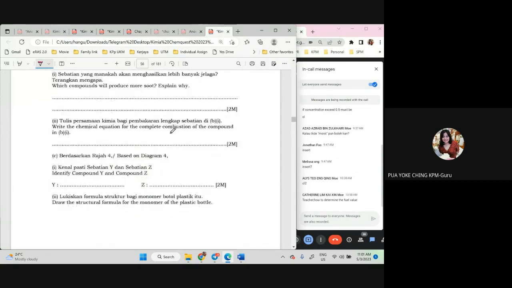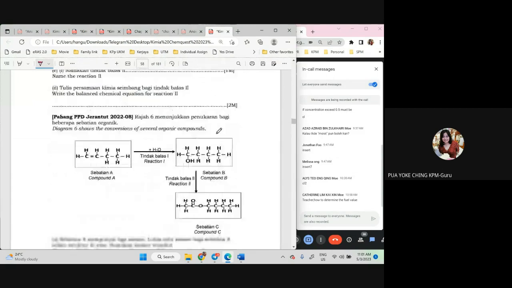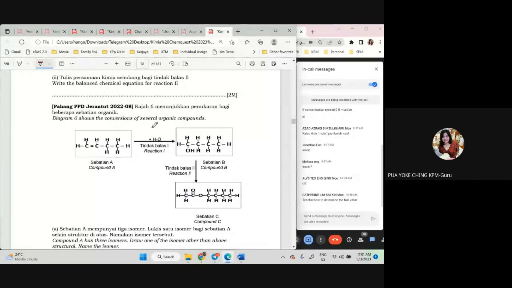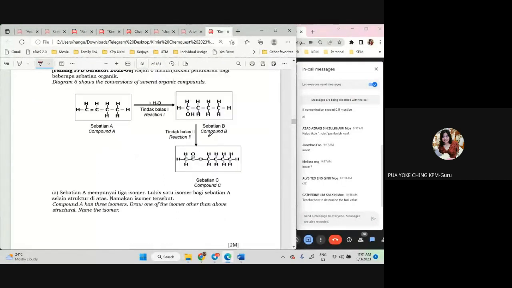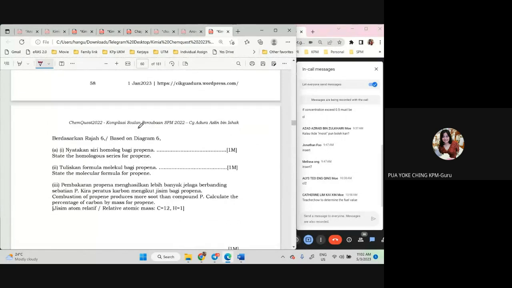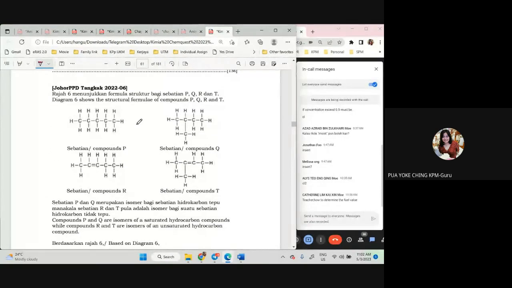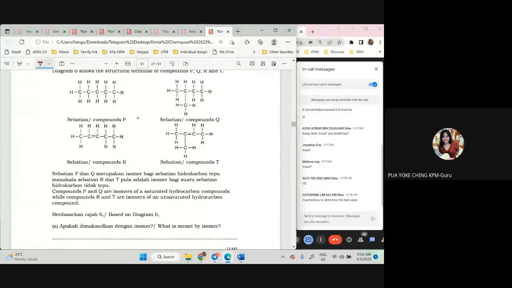Okay? So, this is alcohol, dia dah bagi, then you know lah what is your Q, what is your R. And this is almost the same. Yang paling penting you kena tahu macam mana to identify the reaction. Okay. The one that I didn't discuss just now is isomer.